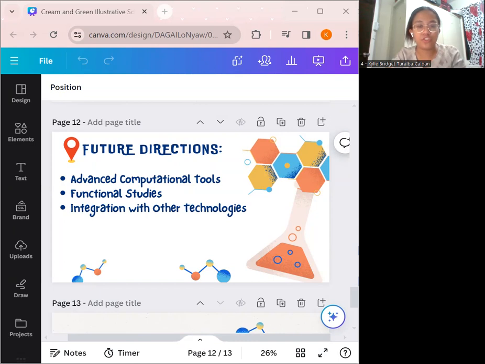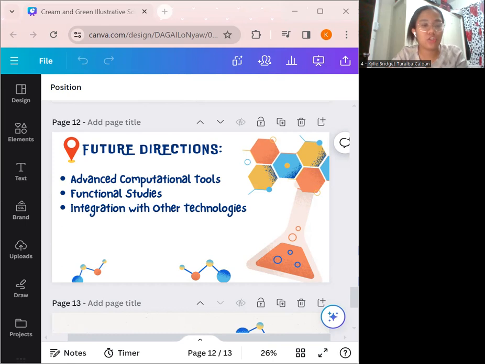Number two is functional studies. Further research into the functional consequences of CNVs, especially VOUS, which I have stated is a complicated topic, is critical for improving diagnostic accuracy and guiding targeted therapies.